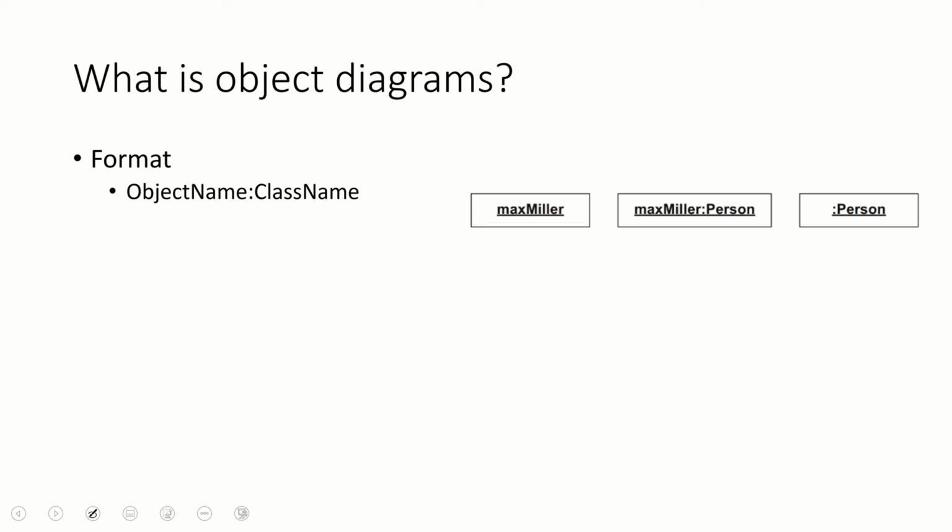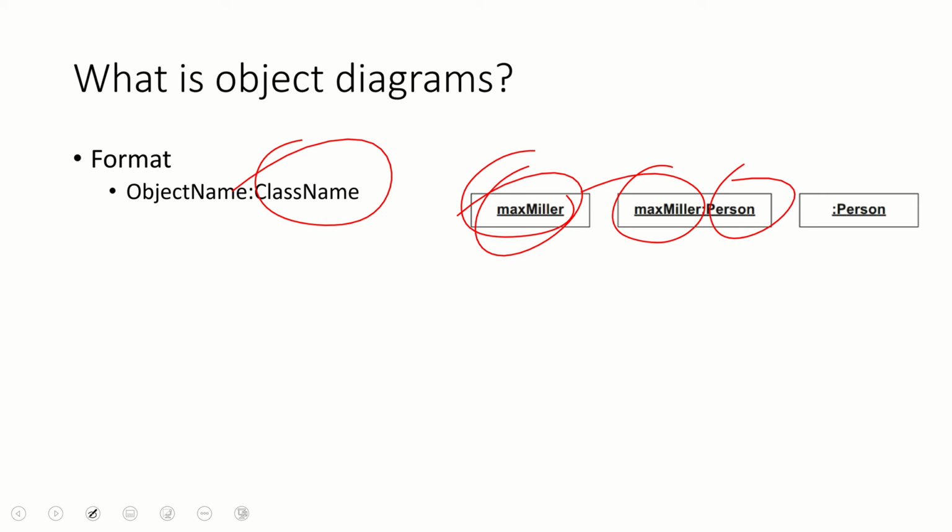We have three ways to create an object diagram. The first one, we just use the object's name, like Max Miller. If you don't want to use that way, you can have Max Miller with a class name, which is Person. In some cases, you don't want to put the object's name, which is the object reference, and you can just put the class name there.